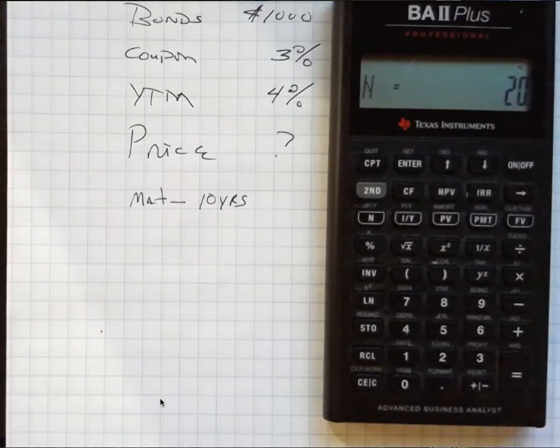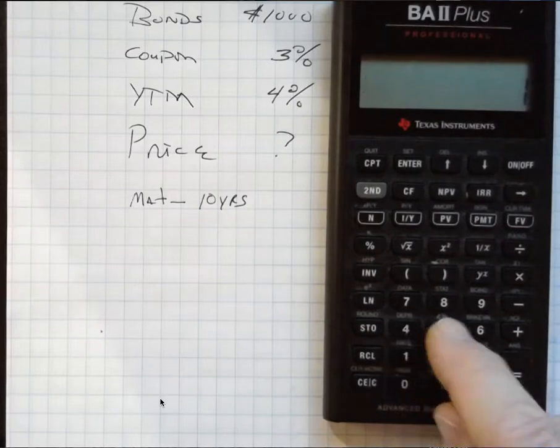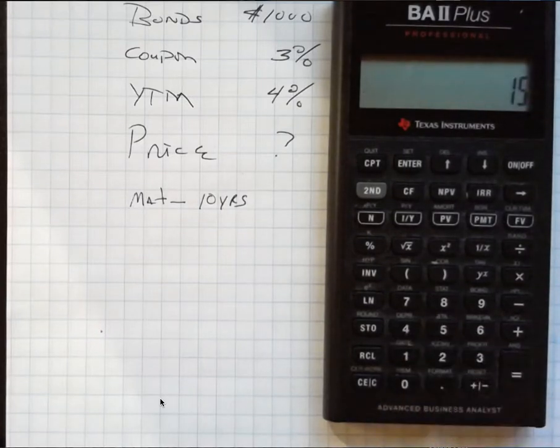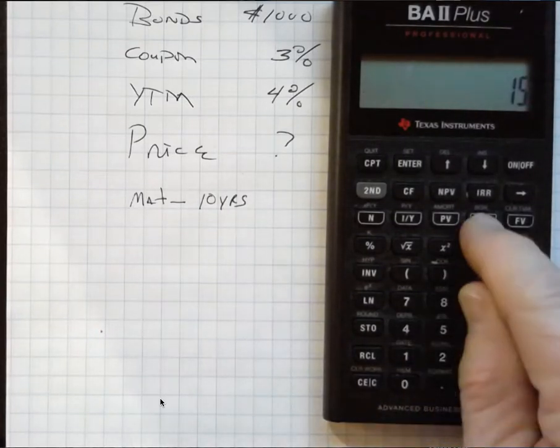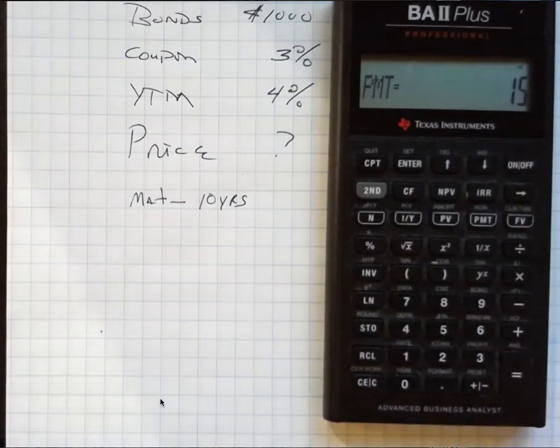So that's going to be $15, and that's going to be payment. If you recall from last week, when we dealt with time value of money and we had an annuity problem, when we're dealing with an annuity stream, that stream always goes into payment. If we're dealing with a single sum, that always goes into present value.